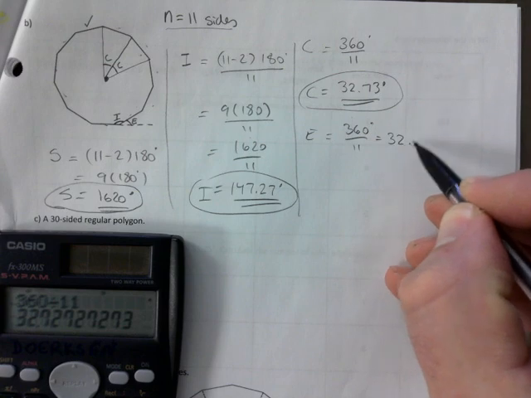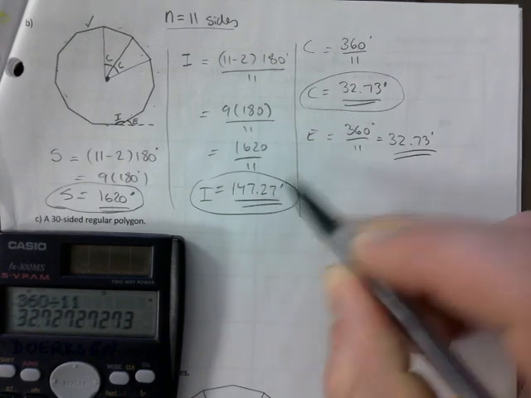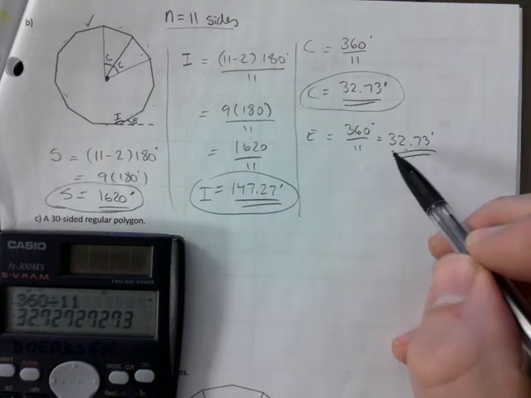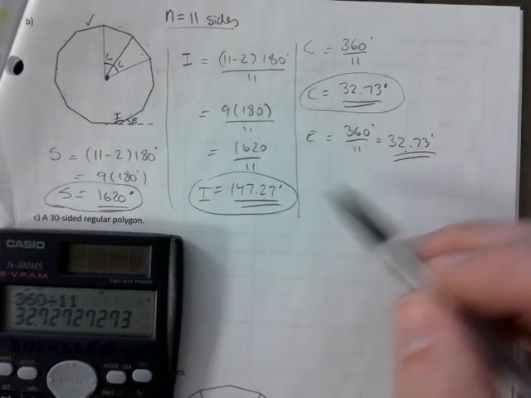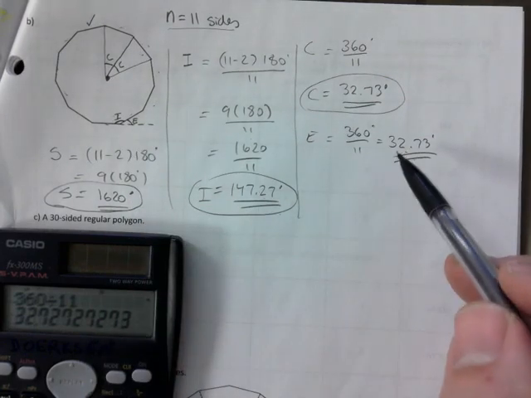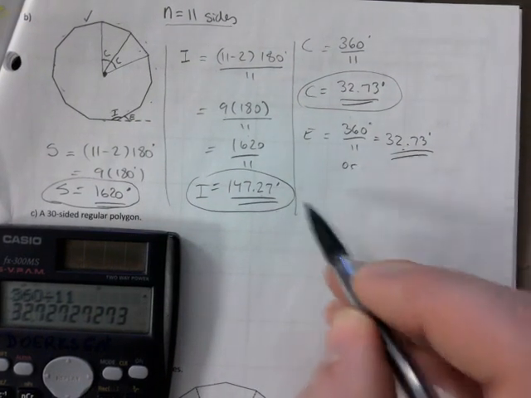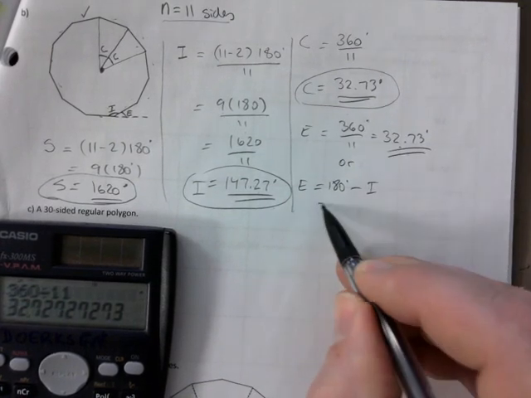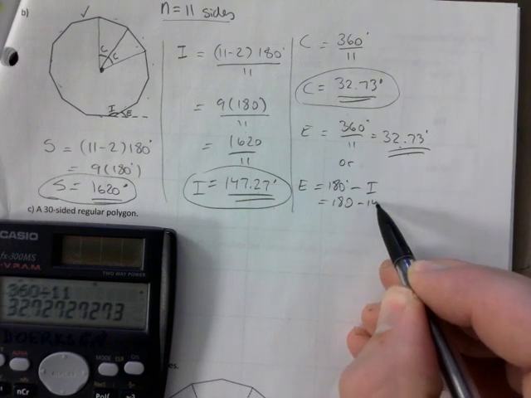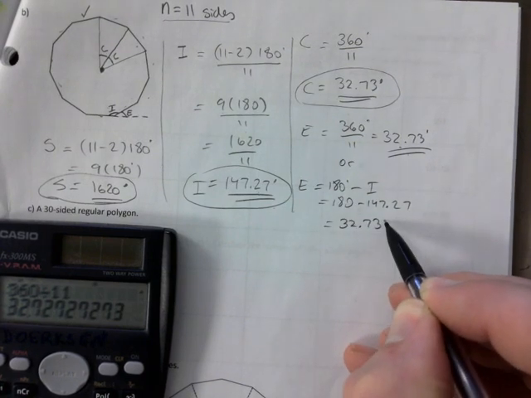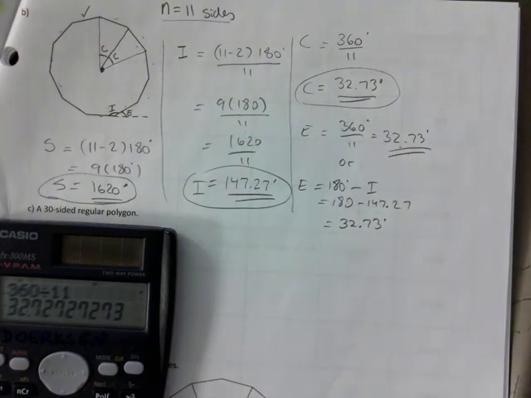That's 32.73. What do you think these two add up to? Interior and exterior are always supplementary, right? They're right next to each other. So we expect it, right? So you can say the exterior angle would be 180 minus the interior, which is 180 minus 147.27. That's 32.73. You could have used either or.